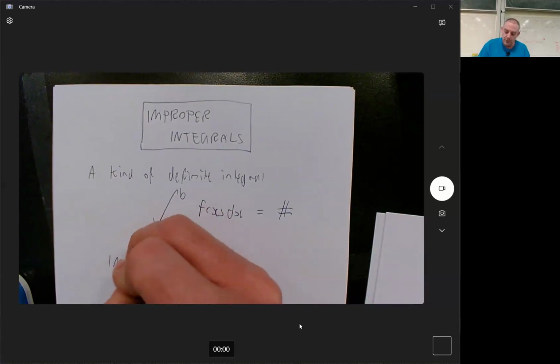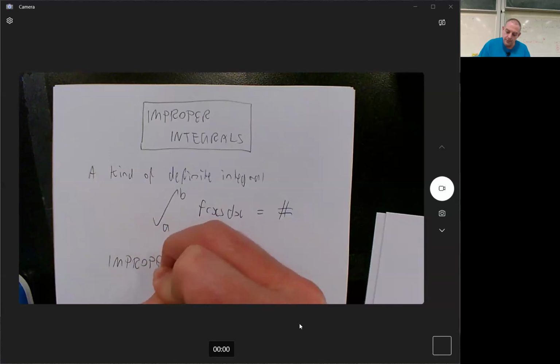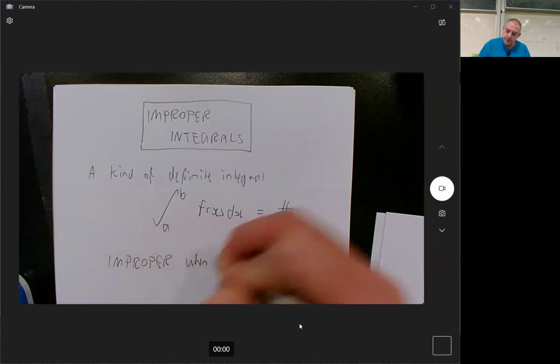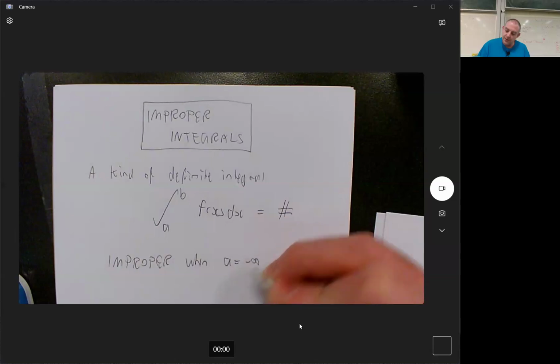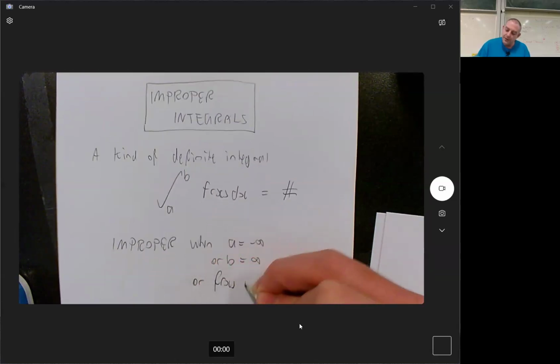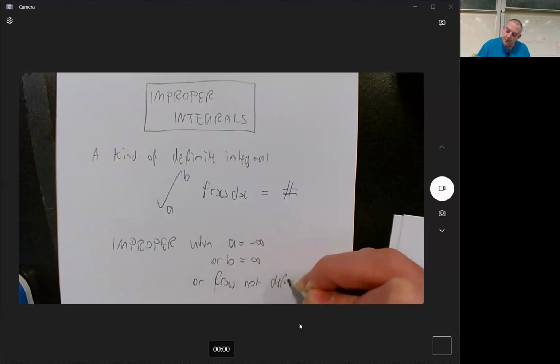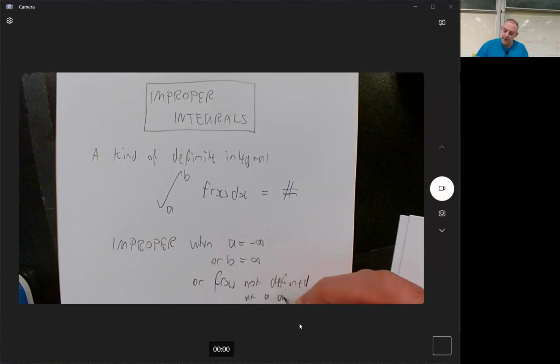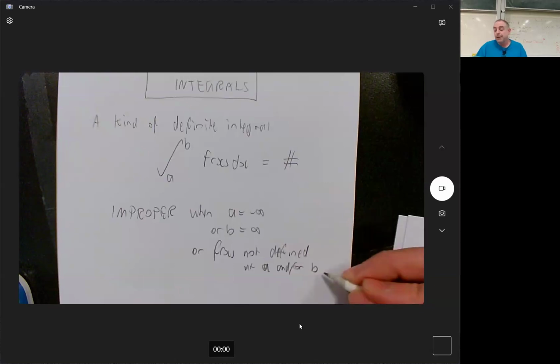So improper when a is minus infinity, or b is infinity, or f of x is not defined at a and/or b. And sometimes that just means that the whole integral doesn't have an answer. Sometimes it does.